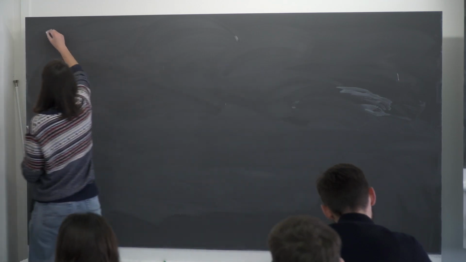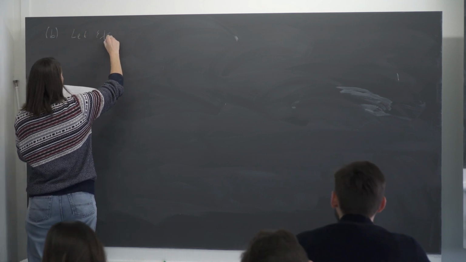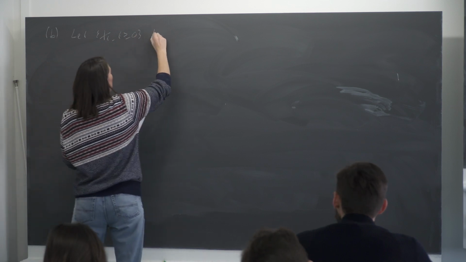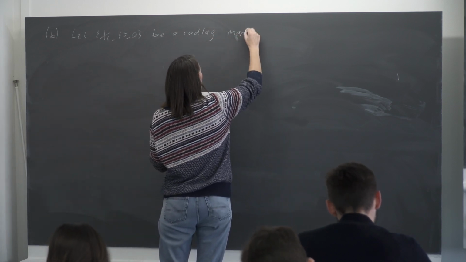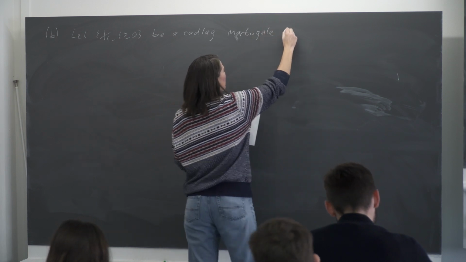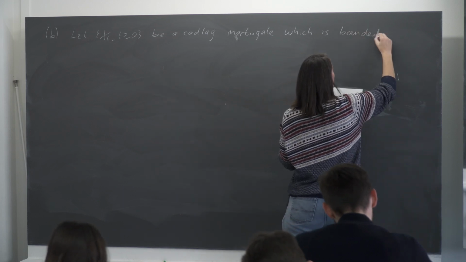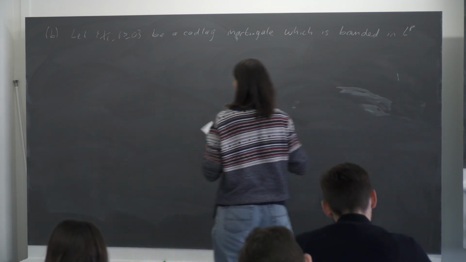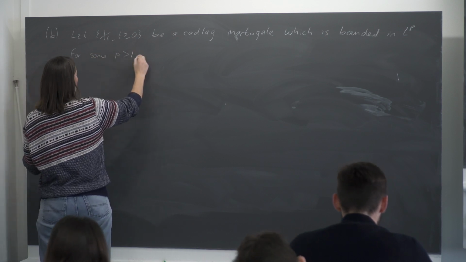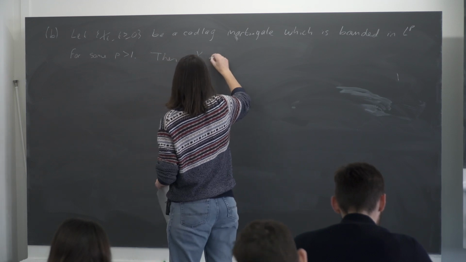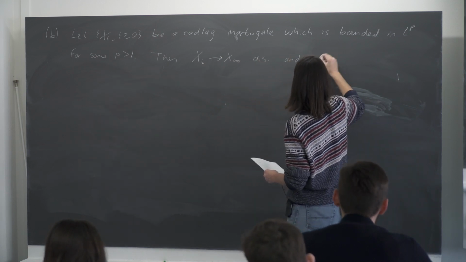And finally, the last thing I'm going to say today is let X_t be a càdlàg martingale which is bounded in L^p for some p greater than 1, then X_t tends to X_infinity almost surely and in L^p.